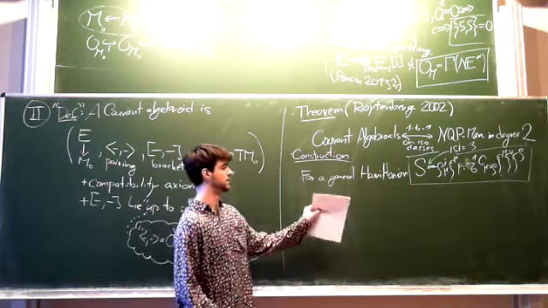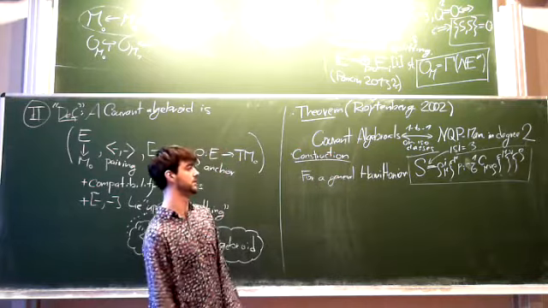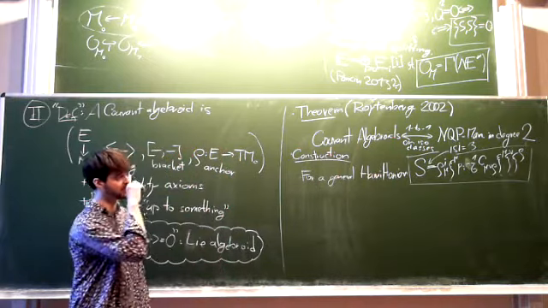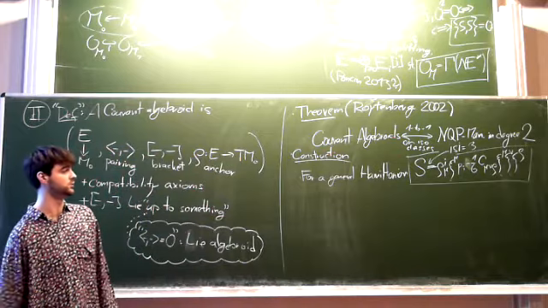Okay, so this is how we reconstruct the BV-BRST theory on an NQP manifold in degree 2.